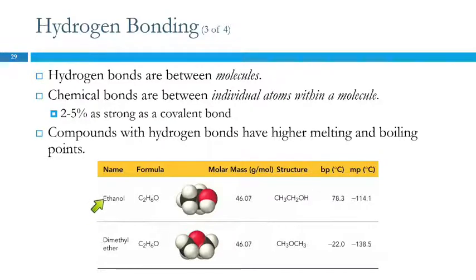In this table, we're comparing ethanol and dimethyl ether. And both of these molecules are polar.